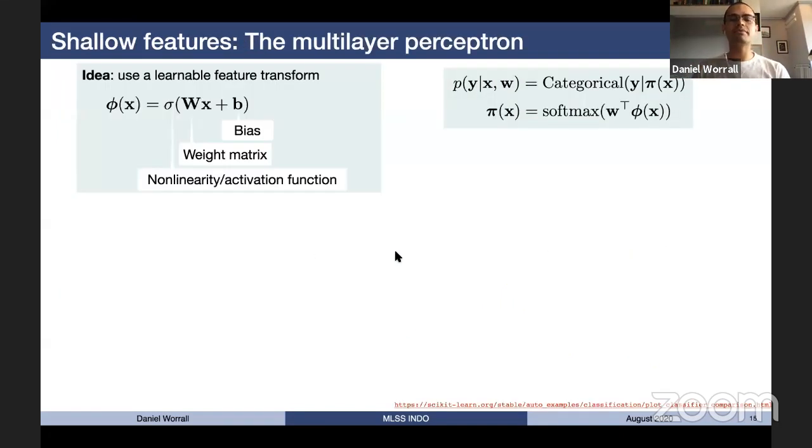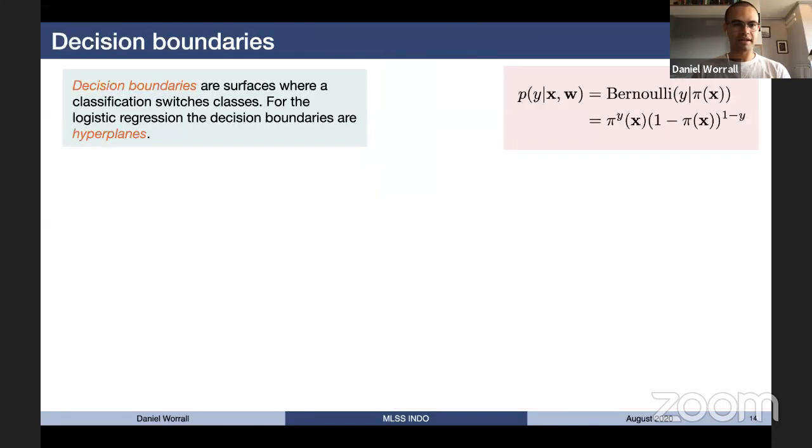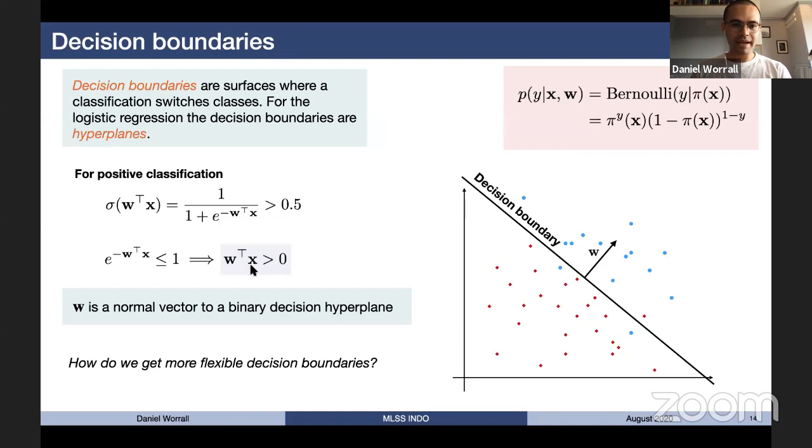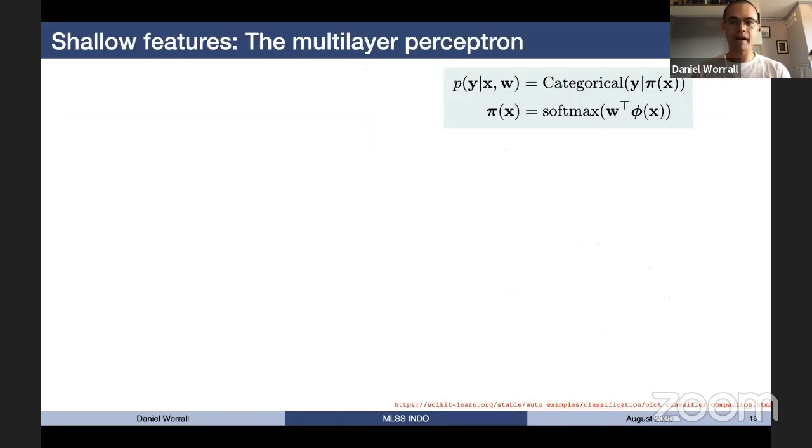There's a very simple thing you can do, which is to use a feature transform, and I use this phi here, phi for feature transform, which is learnable. So essentially we're going to replace this x with phi of x. So now in our categorical, for instance, we might have a phi of x instead of x here.